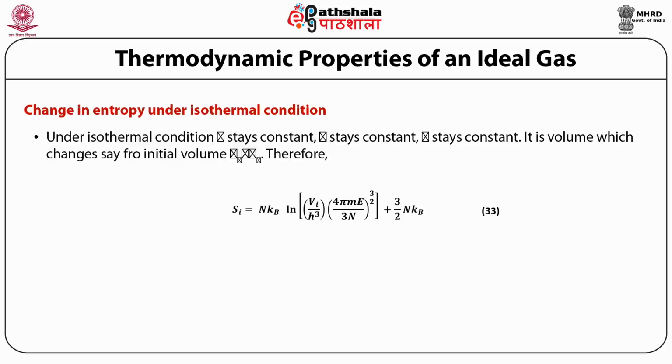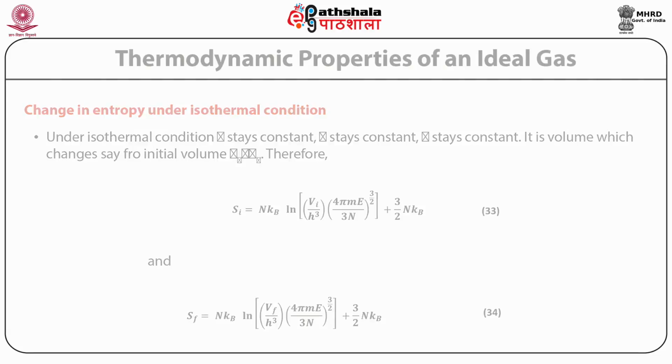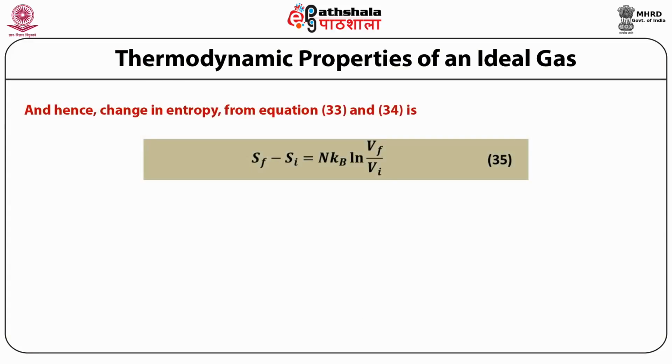Therefore, Si is equal to N kB log of [Vi/h³ (4πmE/3N)^(3/2)] plus 3/2 N kB, and Sf is equal to N kB log of [Vf/h³ (4πmE/3N)^(3/2)] plus 3/2 N kB. And hence the change in entropy from equations 32 and 34 is Sf minus Si, equal to N kB log of Vf upon Vi.